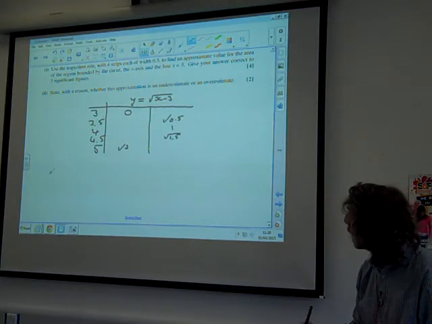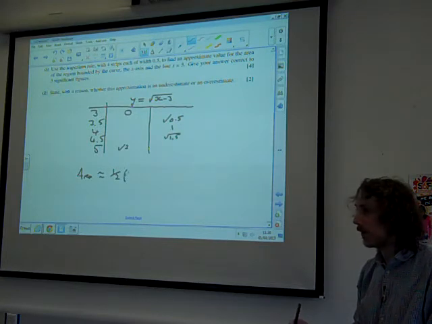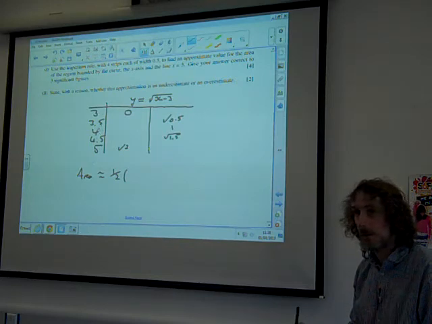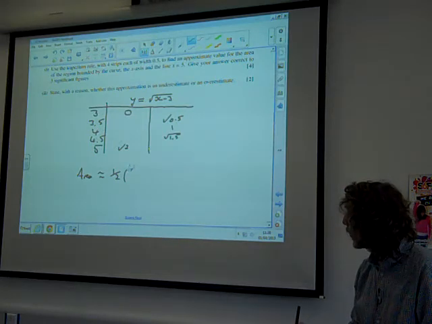So we put it all together now. The area is approximately equal to a half times h. Now h is the difference between each of our x values, which is a half. So a half times a half.